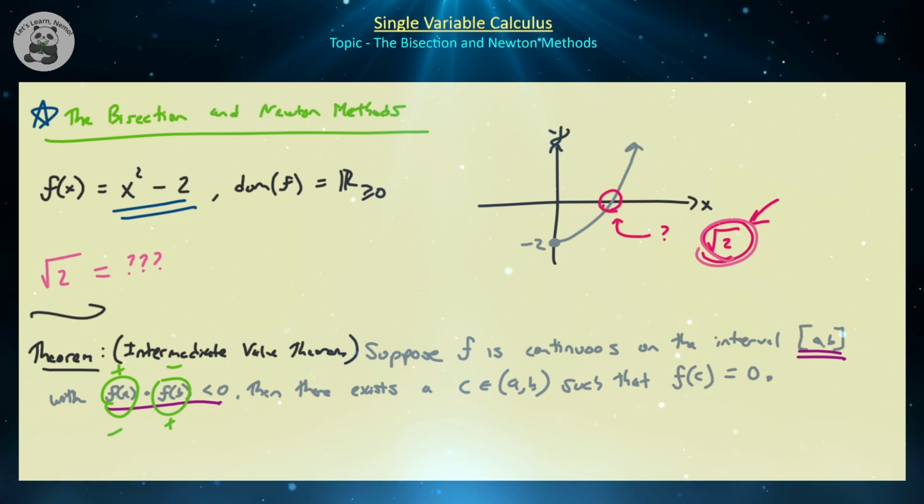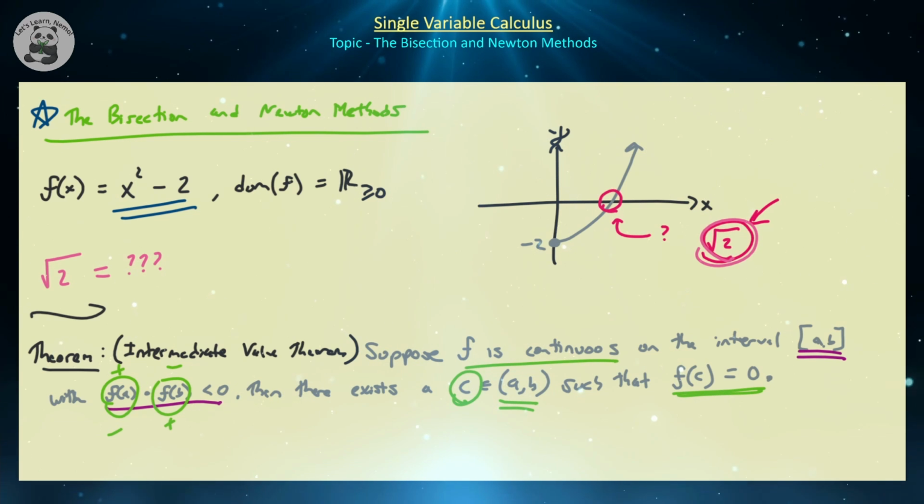Nonetheless, they both have to have different signs. If f is continuous on that interval [a, b], and the product of its evaluation at the endpoints is negative, then the intermediate value theorem guarantees there exists another number c in between a and b, such that when you evaluate the function at that point c, you will get 0. We might not know what c is, but c must be there.